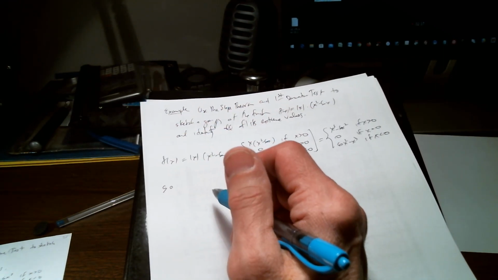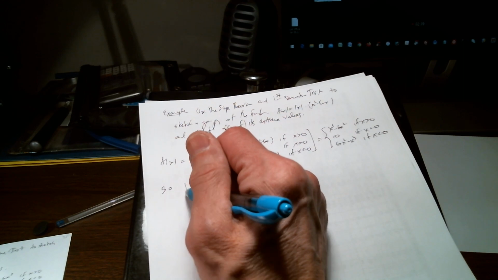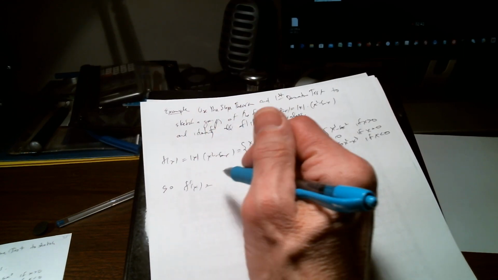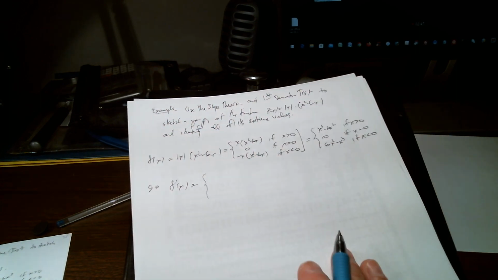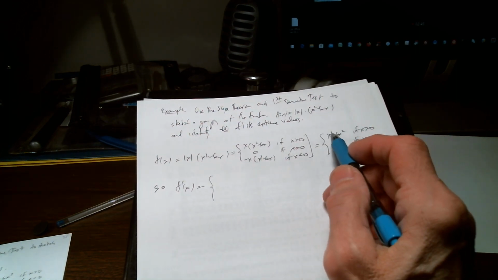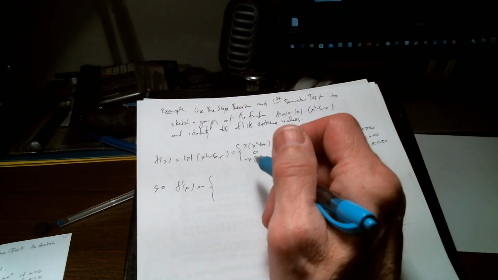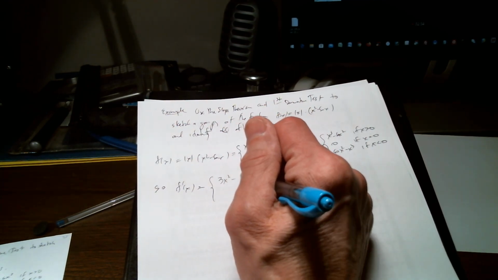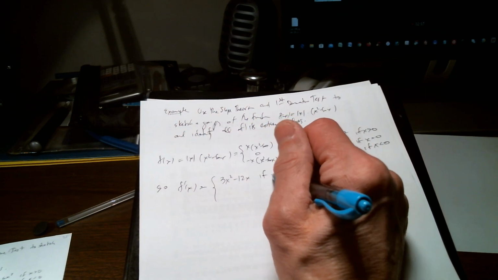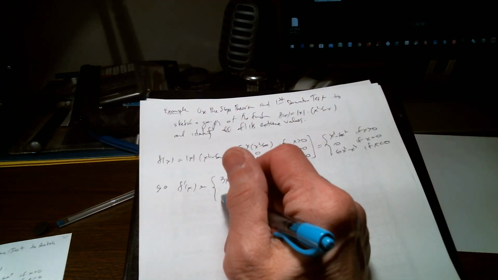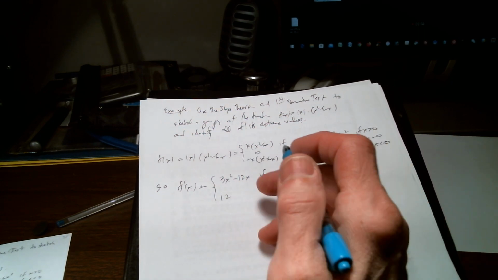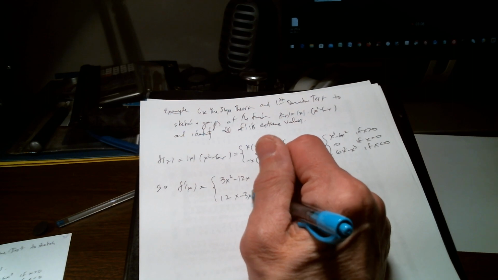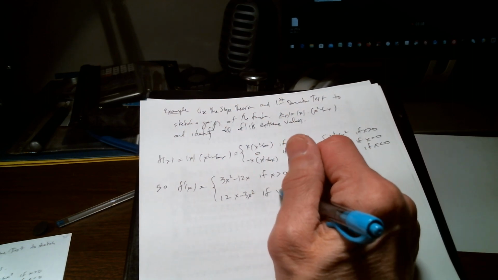And so therefore, the formula for f prime of x could be rewritten as so. Differentiating the x cubed minus 6x squared, we get 3x squared minus 12x if x is positive. Differentiating the other formula, we would get 12x minus 3x squared if x were negative.